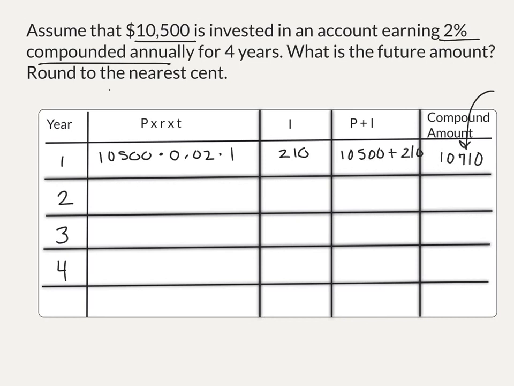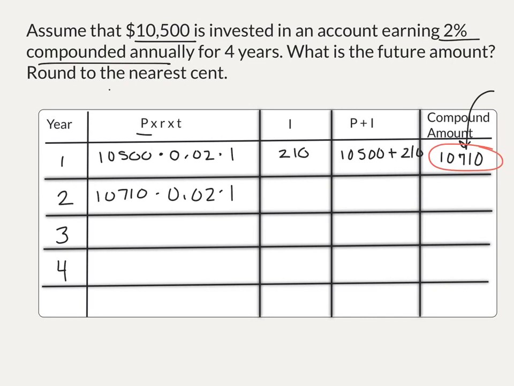In other words, the compound amount is going to be my new principal. So I'll take that amount, which is 10,710, and plug that in for P for year 2. And we'll multiply that by 0.02, and again, T is 1, since I'm taking 1 year at a time.